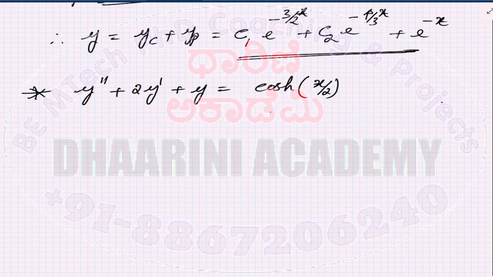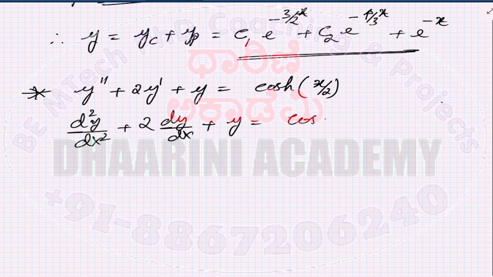Alright, so this, we know that y double dash is nothing but d square y by dx square, plus 2 y dash is nothing but dy by dx, plus y is equal to cos hyperbolic x by 2.